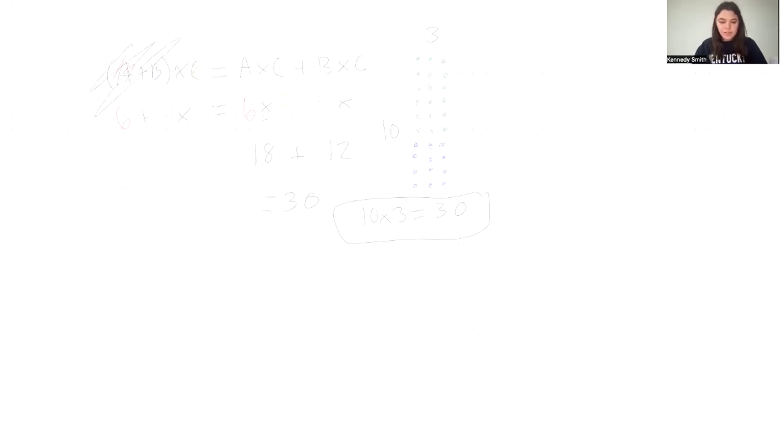So for our next example, we're going to be looking at when we add another variable and don't only have just 3.